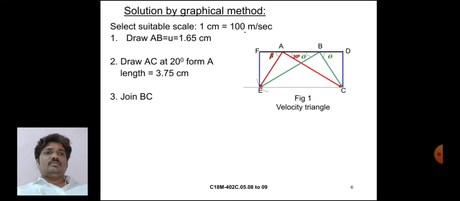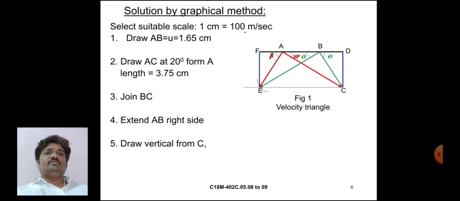Join BC. Extend AB to the right side. Draw a vertical from C, and let it intersect at point D.